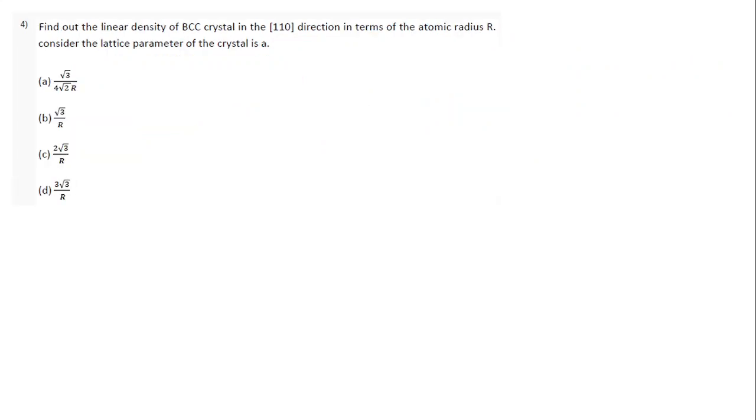Okay. Next question, find out the linear density for a BCC crystal. Now pay attention, it's a BCC crystal. We know it has atoms at all 8 corners and one in the center of the cube, that is, at the body. We need to find the linear density for a BCC crystal along the 110 direction.